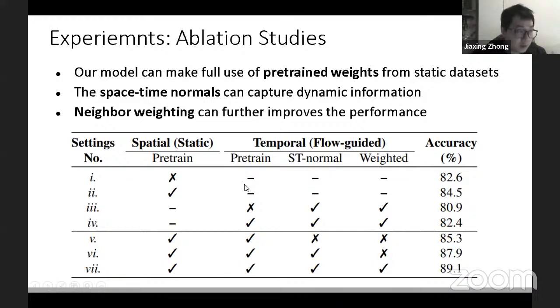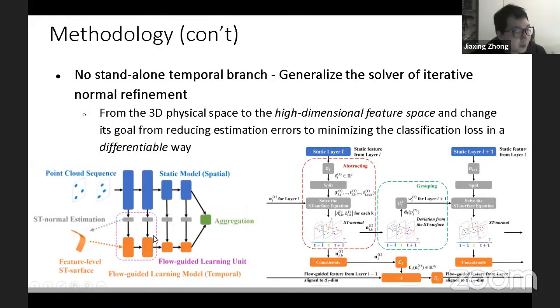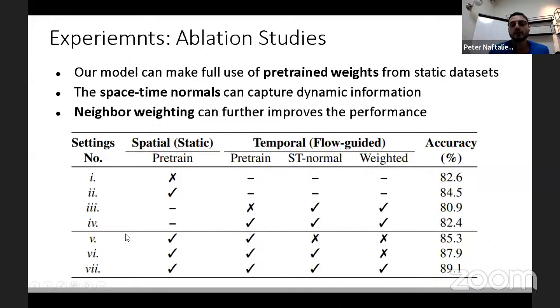And we don't directly pre-train the temporal model, because that cannot be pre-trained by a static data set. Because it's not static, of course. But then this is the same as static pre-training. There is no difference. Yeah, no difference.